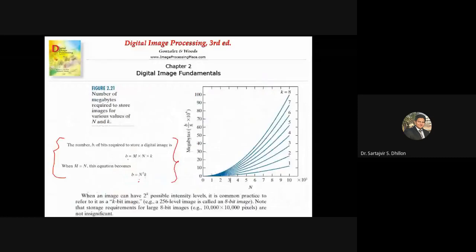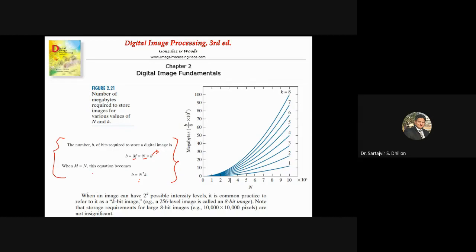If you want to calculate the bits required to store a digital image, it can be calculated by multiplying the rows and columns, and multiplying with k. K is nothing but the number of gray levels used within that image.